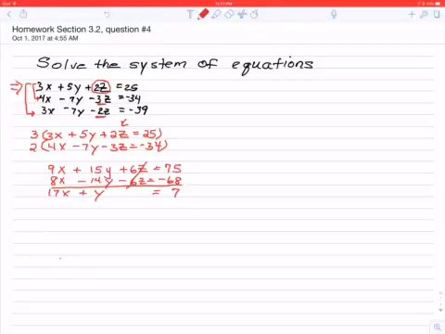Now I want to use that working equation, the 3x plus 5y plus 2z equals 25, to eliminate the z term in that third equation. So I'll rewrite that third equation.